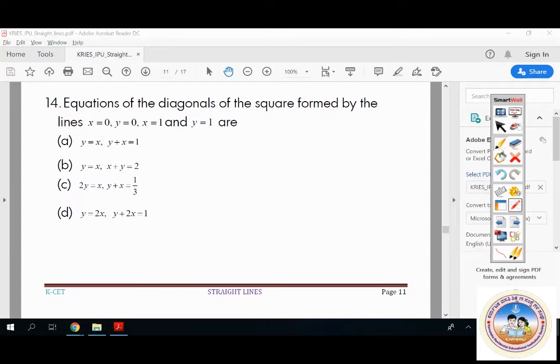Equation of the diagonals of the square formed by the lines x equal to 0, y equal to 0, x equal to 1 and y equal to 1 ಇದೆ. ಇಲ್ಲಿ I am going to write x is equal to 0. x is equal to 0 ಅಂತಂದ್ರೆ ನಿಮಗೆ it is going to be the y axis. y equal to 0 ಅಂತಂದ್ರೆ it is going to be the x axis, right? So this is x axis and the y axis.